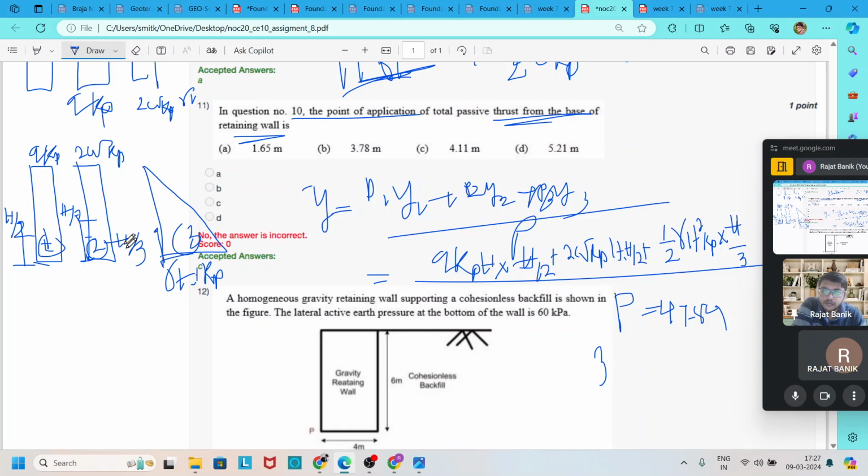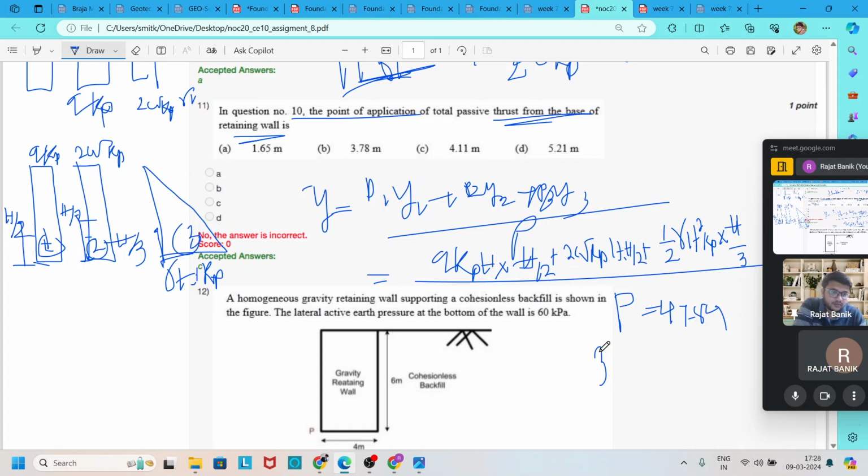And it becomes 3.3, then into 8 minus 5.2, 10 divided by 4789.